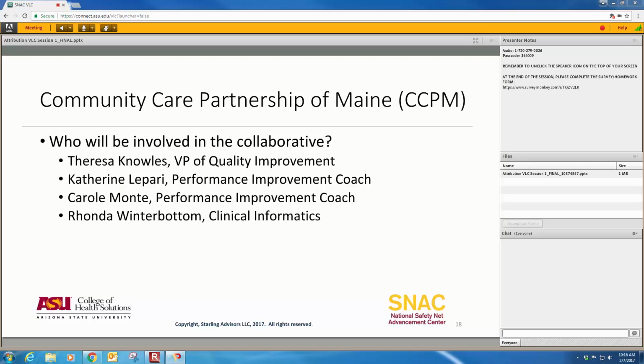And we also have a data analyst or a clinical informaticist, Rhonda, who will be doing a lot of work with the practices on the reporting tools that we have, as well as working with our EMR vendors to get discrete fields for reporting and allowing us to do a better job with taking care of our patients.